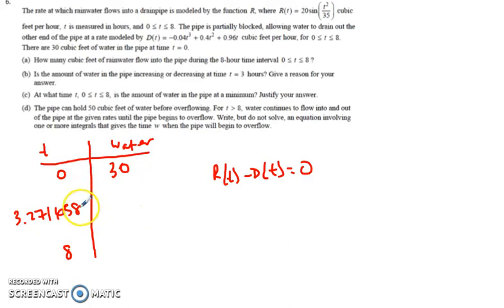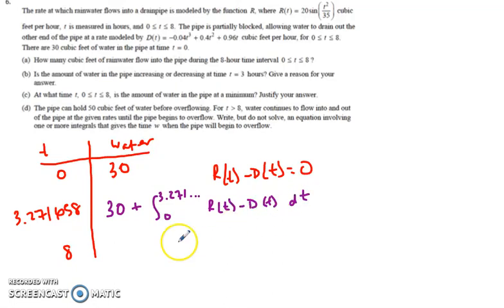So effectively, the value that goes in at 3.271 is going to be my initial value plus the integral from 0 to 3.271, etc., of rate in minus rate out. And then at time 8, I'm going to have the initial value of 30 plus the integral from 0 to 8 of rate in minus rate out.